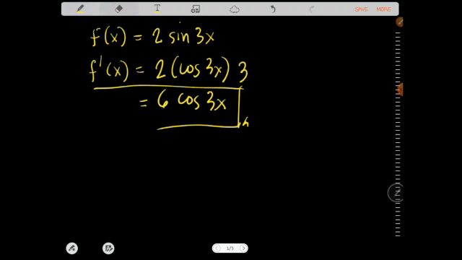Okay. Another example. This one is in your module. So, for example, g of x is equals to e raised to sine square root of x.